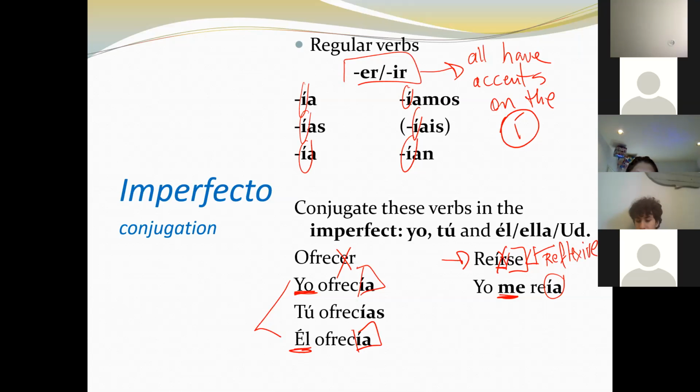Se is for él. What's for the tú? You have me, blank, se. What's that blank? I do not know. So you have yo me reía, and then tú te reías. Te. Okay. So can you say the whole thing? Te reías. Bien. Tú te reías.